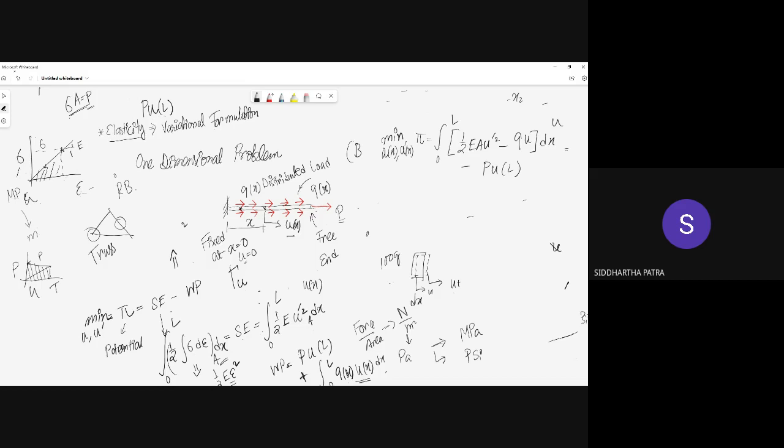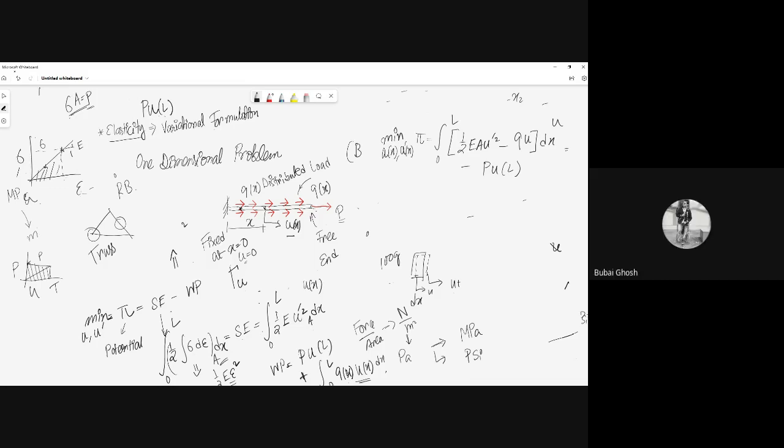The external source which applied the P force had the maximum capacity of applying a force of P. And since the tip of the bar elongated by U of L, the maximum displacement, I mean the space available for elongation, was U of L.